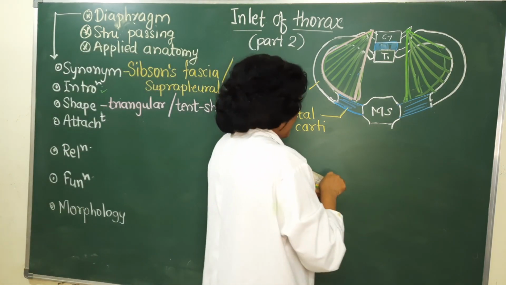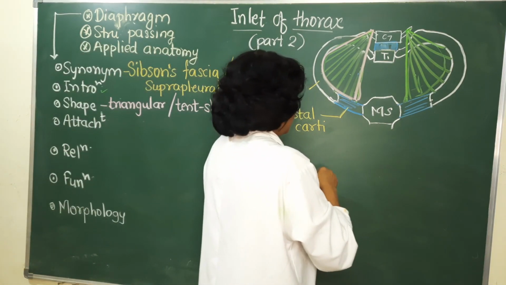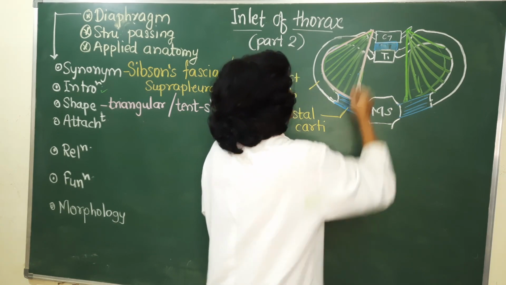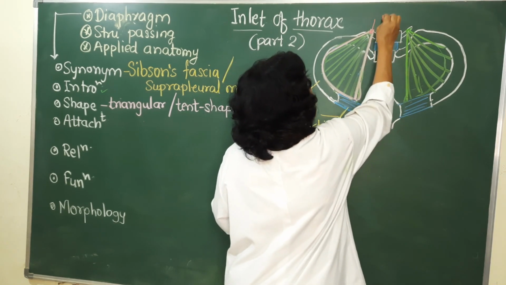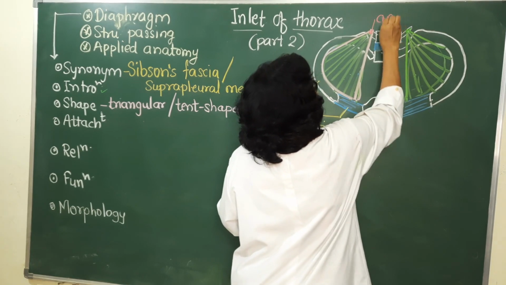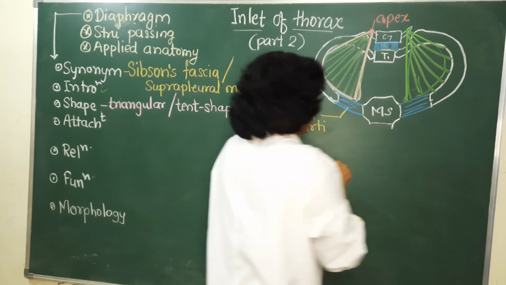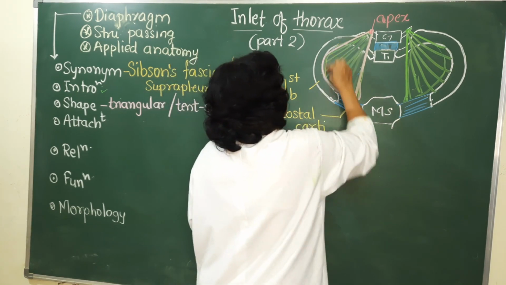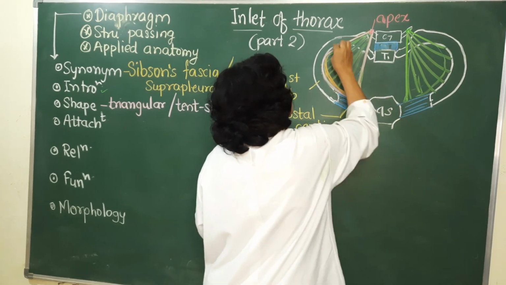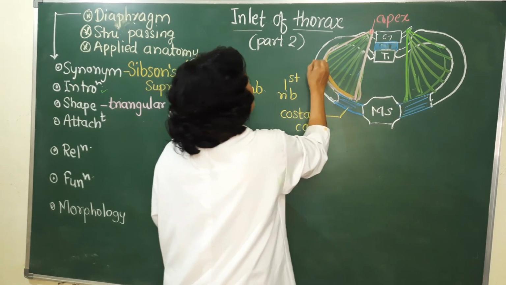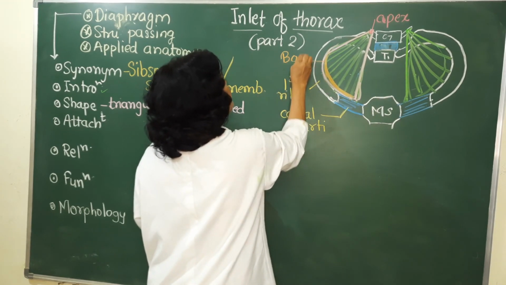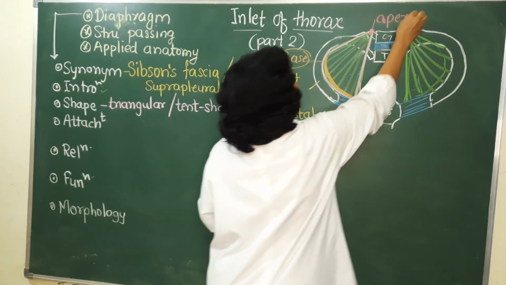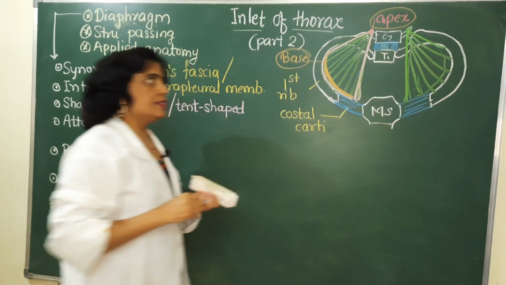In this triangle, if you observe carefully, this is the apex of the triangle or the suprapleural membrane, while here you get this region, this is the base. So apex and base are the two parts of this diaphragm, as it is triangular.